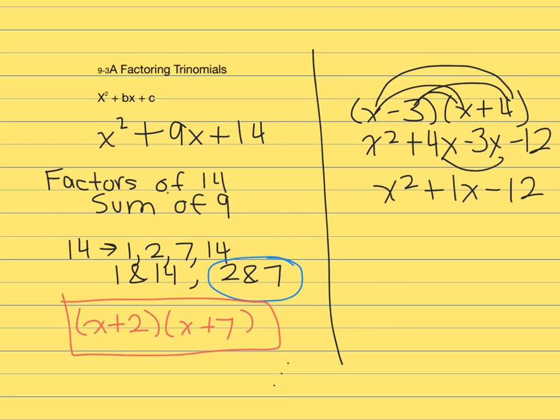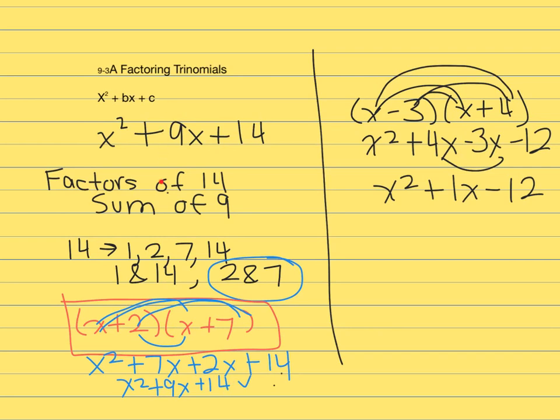Let's see, we have x times x, which is x squared, x times 7, which is 7x, 2 times x is 2x, and then 2 times 7 is 14, and sure enough, this adds up to x squared plus 9x plus 14, so that matches what we started with, and therefore it checks.